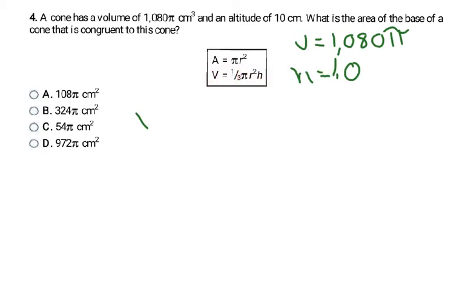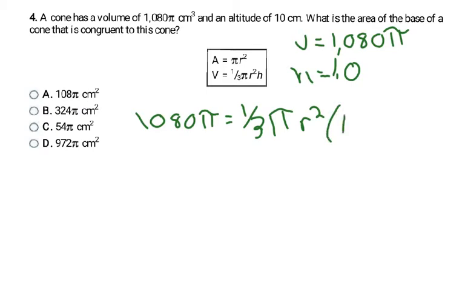So I know volume is equal to 1,080 pi, and that equals 1/3 times pi times radius squared, which is what I'm looking for. So I'm just going to write r squared times my height, which is 10.